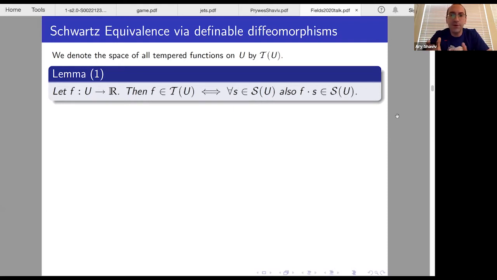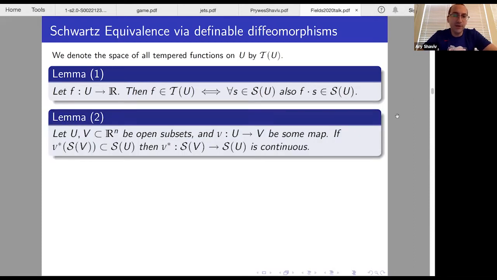Now, one side is almost obvious: if your function is tempered, then multiplying it by a Schwartz function, you can immediately see that it is Schwartz. But the other side is also true: if your function is not tempered, you can find a Schwartz function such that if you multiply the two, you get something that is not Schwartz anymore, which is, again, not a big surprise, but you have to cook this function.